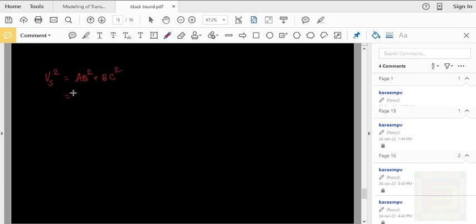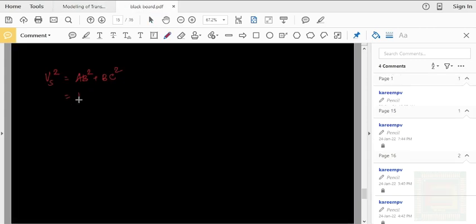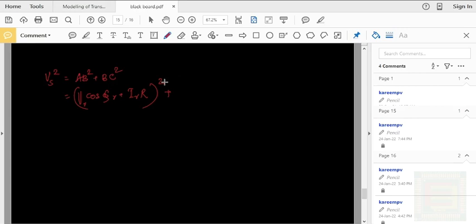And that is equal to, AB is Vr cos phi r plus IR into R, Vr cos phi r plus IR into capital R, this whole square, plus this distance Vr sin phi r plus IR into X, Vr sin phi r plus IRX.